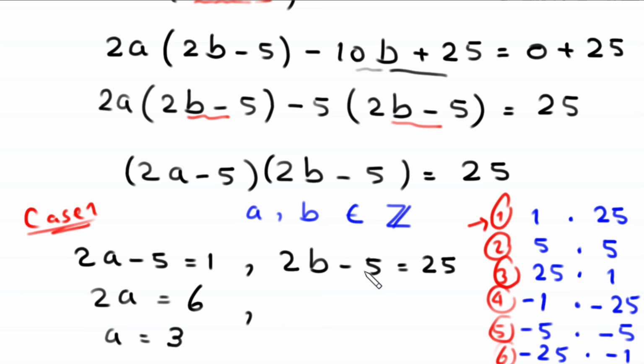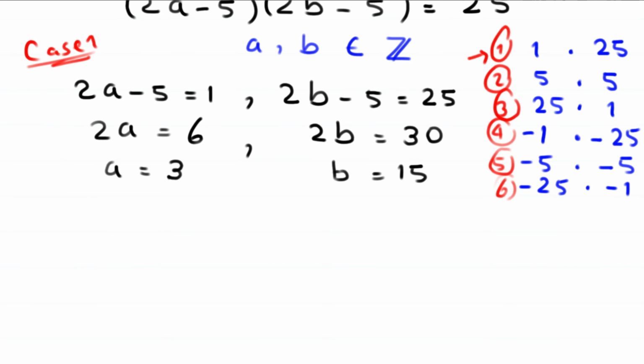From the other equation, add 5 to both sides, this becomes 2b equal to 30. Divide both sides by 2, b will be equal to 15. So from case 1 we get a equal to 3 and b equal to 15.